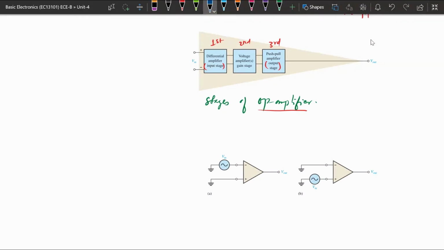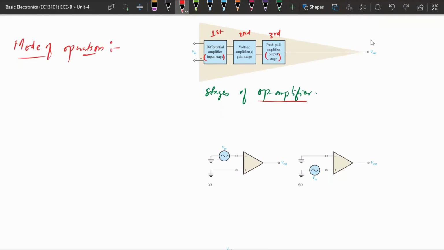There are different modes of operation of these operational amplifiers, meaning they can be operated based on the application of input voltage to their input terminals. From figures A and B, there are two input terminals, and at any one of them we can apply an input voltage.